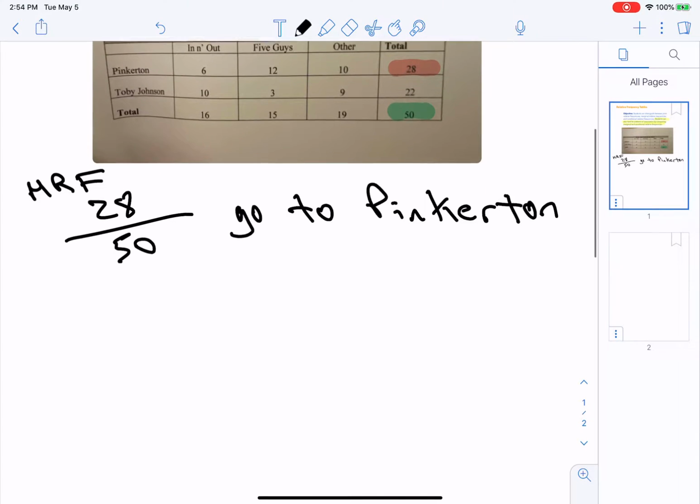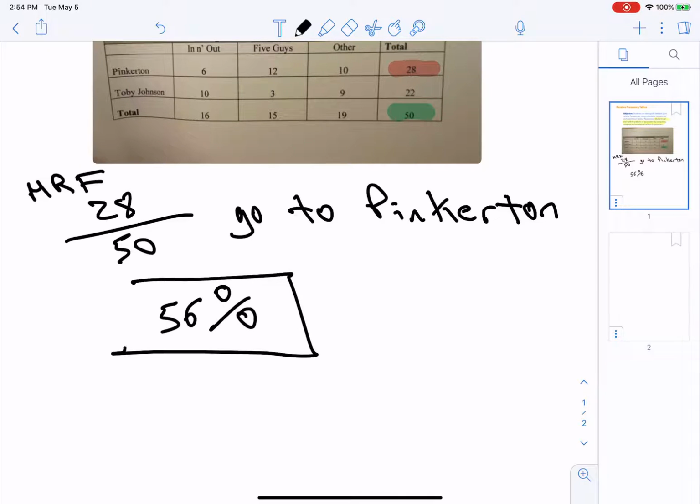And you might want to think about how to express that as a percent. What I would do is I'd say, well, I'll notice that percent means out of 100, and so 28 out of 50 is going to be the same thing as 56 out of 100. So 56% of the kids surveyed in this survey went to Pinkerton.